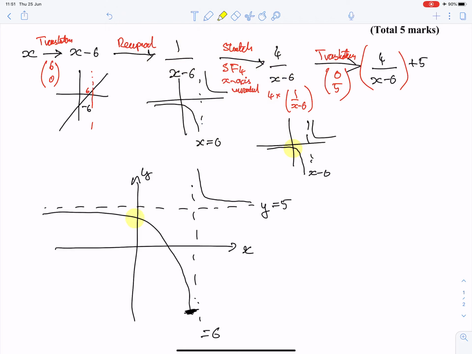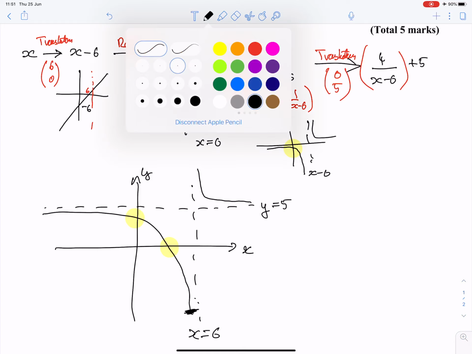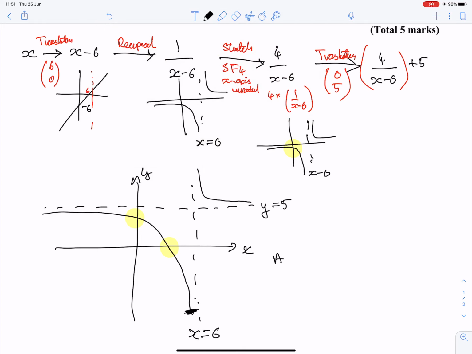Okay, so we now need to find these 2 points, the points of intersection. We've got our asymptotes labelled. That was x equals 6. So at x equals 0, that's where it crosses the y-axis. We've got g of 0. g of 0 is equal to 4 over 0 minus 6, plus the 5.